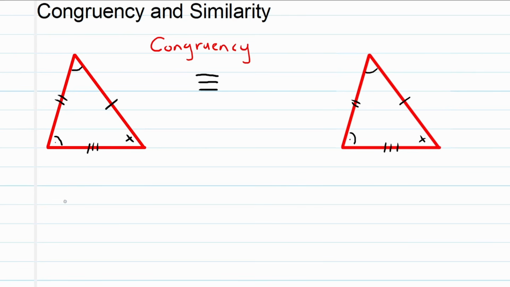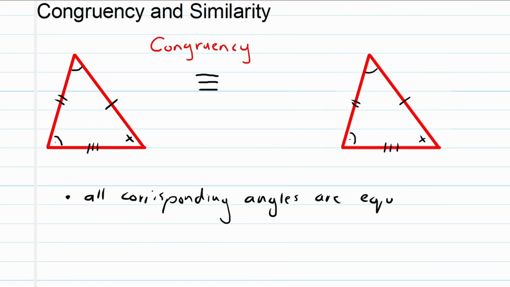Okay? So how do we remember this? Congruency is like a super equal to sign. It's like an equal to sign underlined. So that means all corresponding angles are equal. And remember, this doesn't only apply to triangles. This applies to quadrilaterals as well.